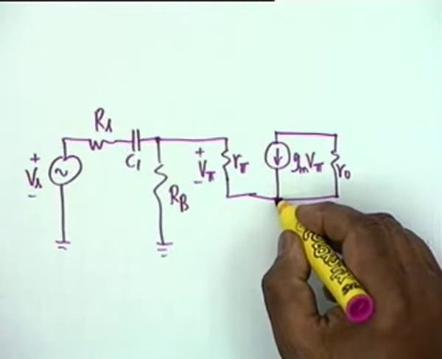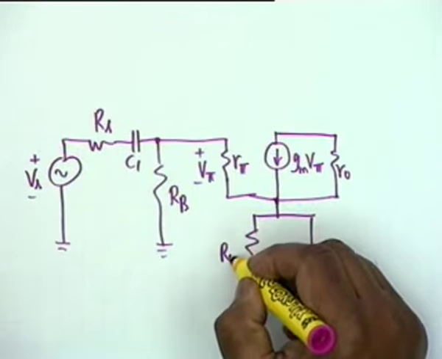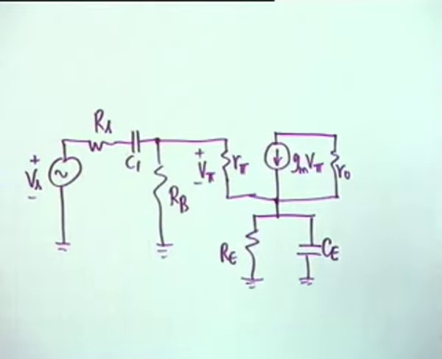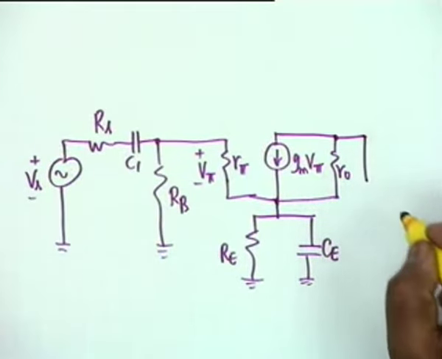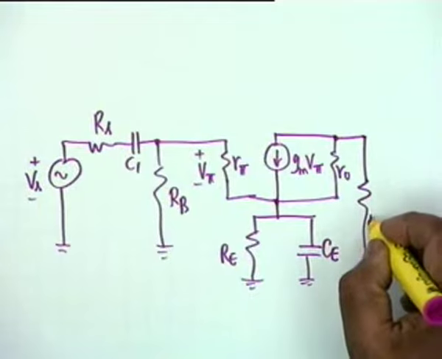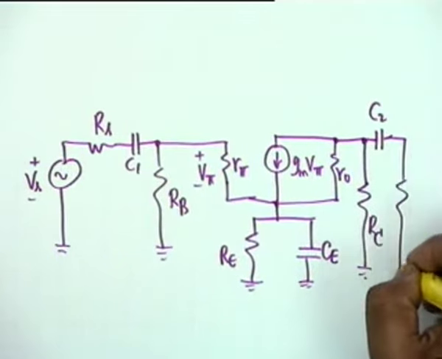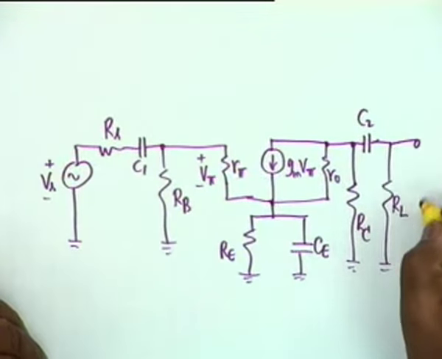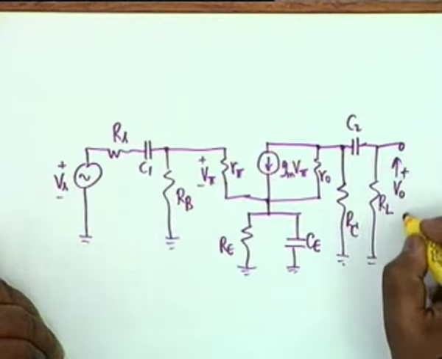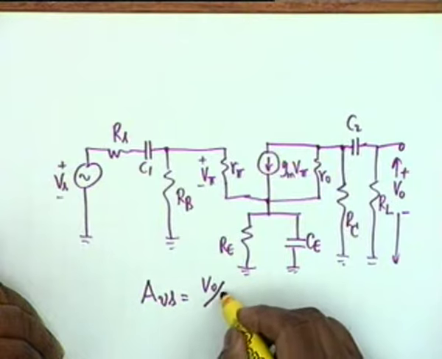From this point we have the parallel combination of two components, RE and CE, and then from this, which is the collector point, we have first RC to ground, the biasing resistance, then C2, and then an RL. We cannot combine RC and RL now because there is a bridging capacitor C2, and this is the voltage V0 that we want to find out, and our aim is to find AVS, which is equal to V0 divided by Vs.